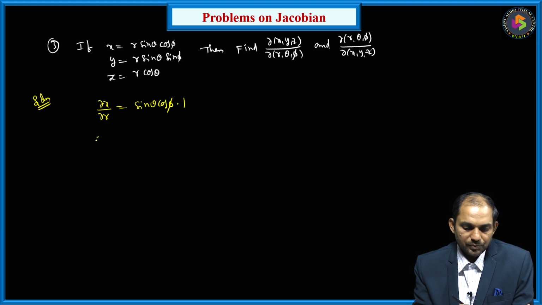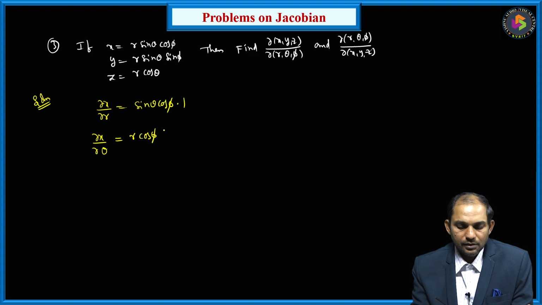Similarly, dou x by dou theta: r and cos phi are constant, and the derivative of sin theta is cos theta. Similarly, dou x by dou phi: r and sin theta are constant, and the derivative of cos phi is minus sin phi.